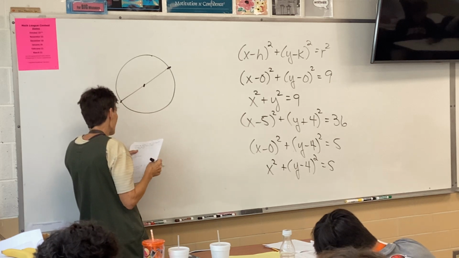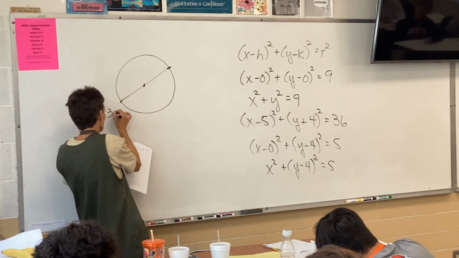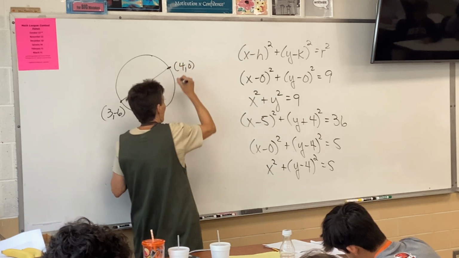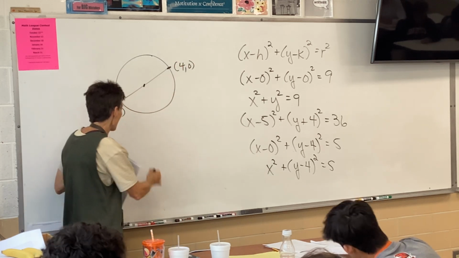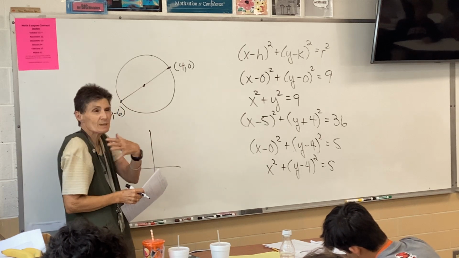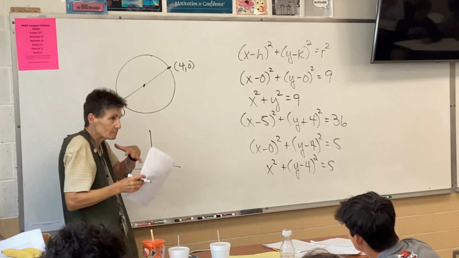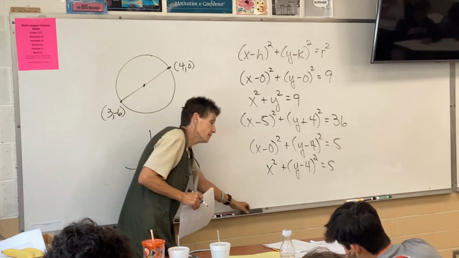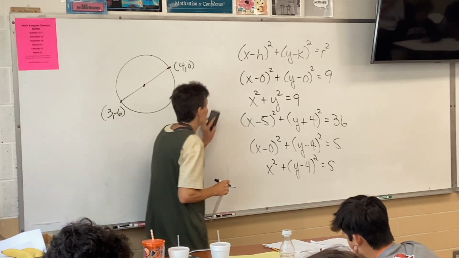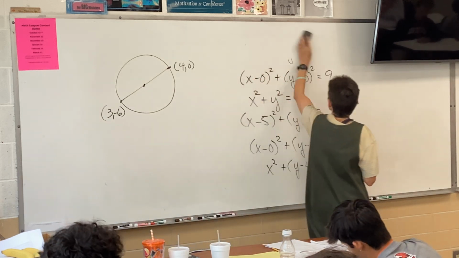And I know that these points are 3, -6, and 4, 0. If it bothers you that I didn't actually plot those points, then go ahead and plot them. You don't need to in this problem, but it isn't going to help you or hurt you.